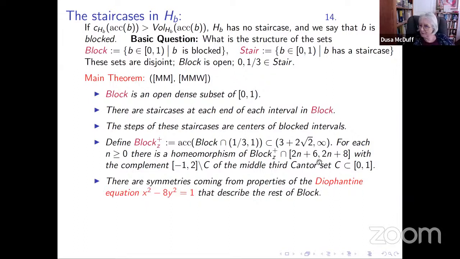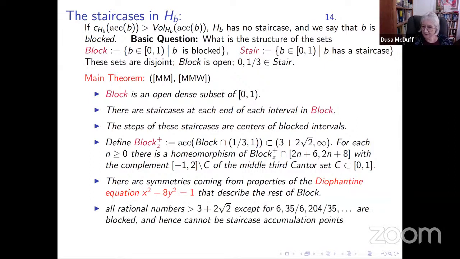For things less than 6, there are symmetries which come from properties of the Diophantine equations that describe the rest of the image of block. So once you've understood what the staircases are when the accumulation point is bigger than 6, you've got all the staircases, because we've got these symmetries. There's a shift and a reflection, and they give us all the symmetries.